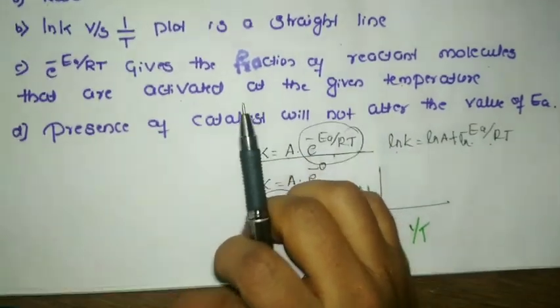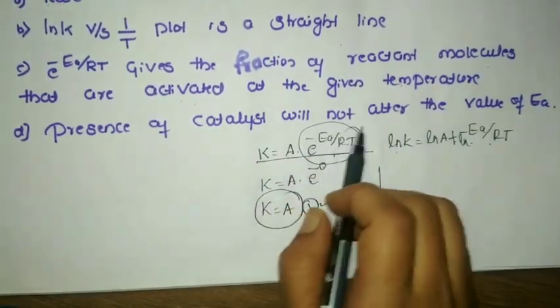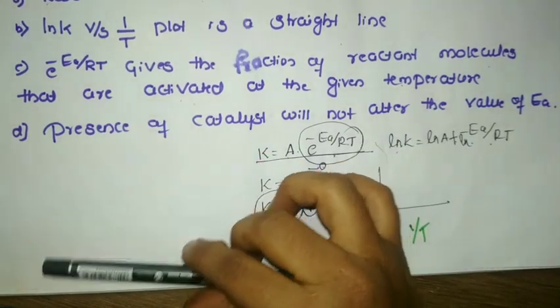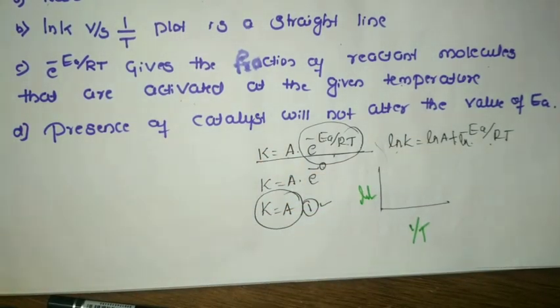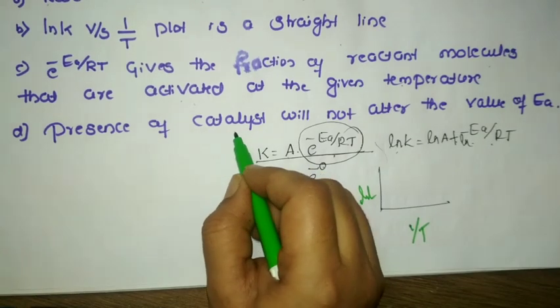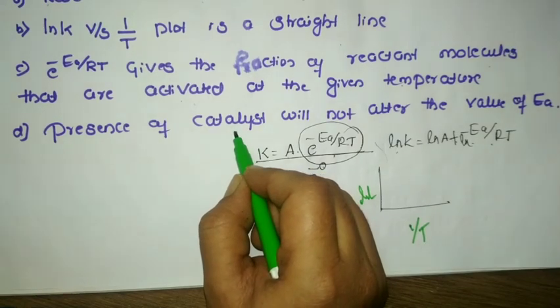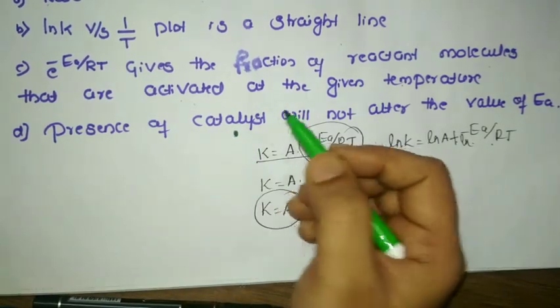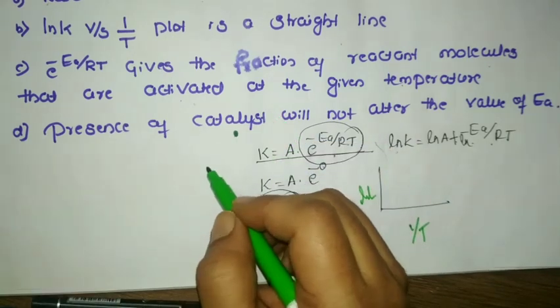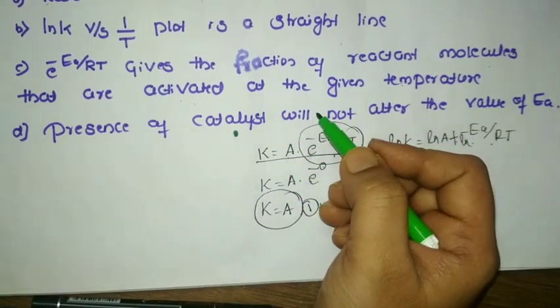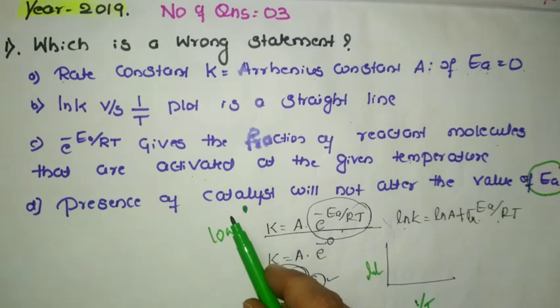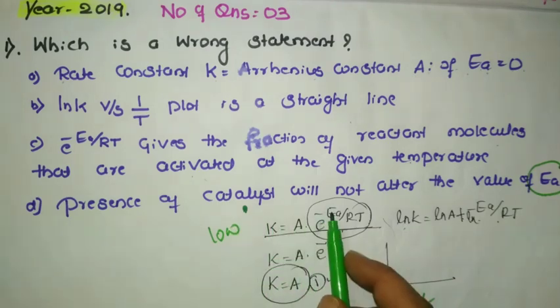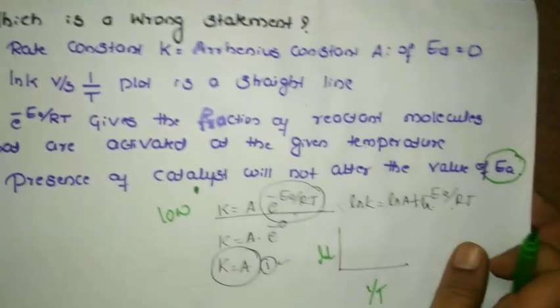So the last one is that presence of a catalyst will not alter the value of EA. No. Actually what happens? The role of a catalyst is that it will provide an alternate path to the reaction so that the speed of the reaction increases. So the catalyst will alter the rate of a reaction by providing an alternate path.